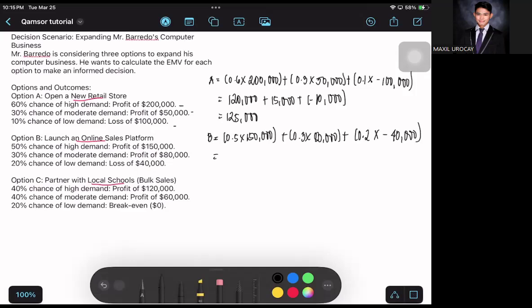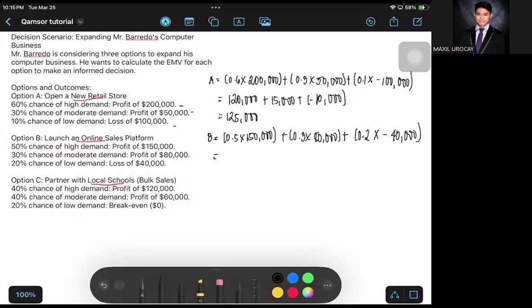So if you calculate this one, 0.5, one second, let me, right, just one moment.